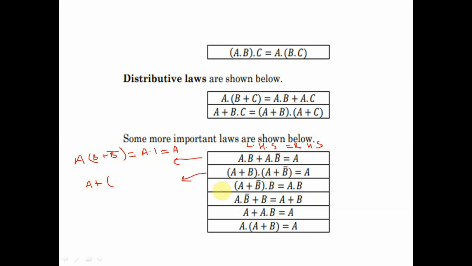Which term is remaining in the bracket? The B into B bar term is remaining here. So I put A common plus B into B bar. But what is the meaning of B into B bar?